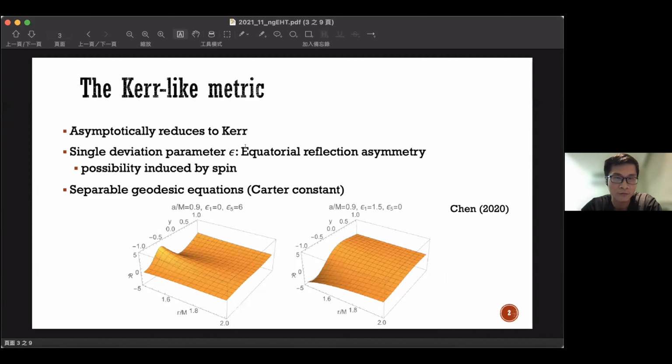For example, if epsilon is 0, of course, the metric then reduces to Kerr. And third, in this metric we want to respect the existence of the Carter constant, the hidden symmetry, such that it allows us to have separable geodesic equations, which also simplifies the computations quite a lot, okay?